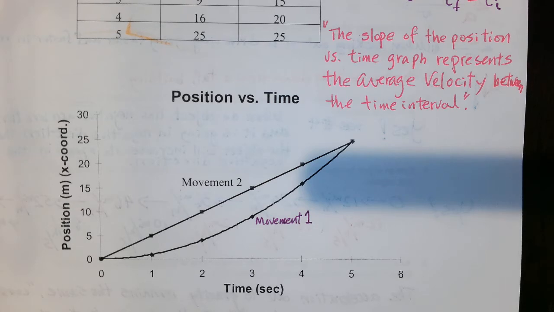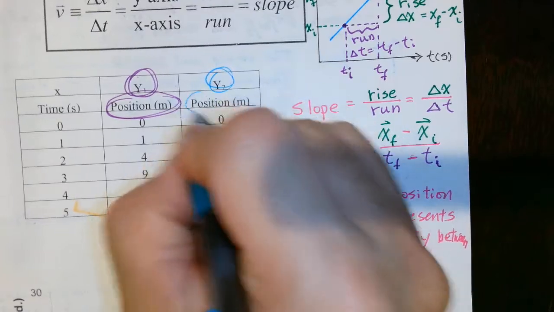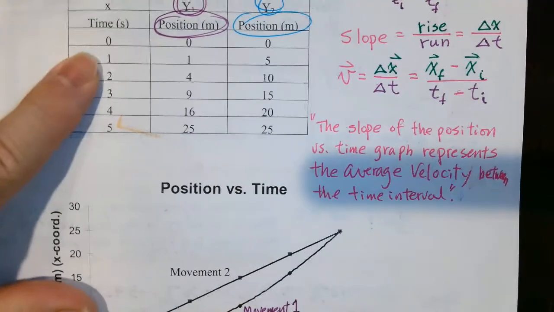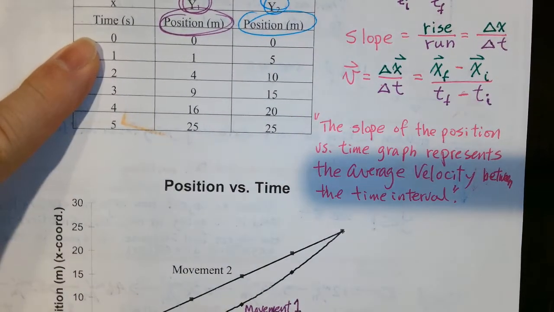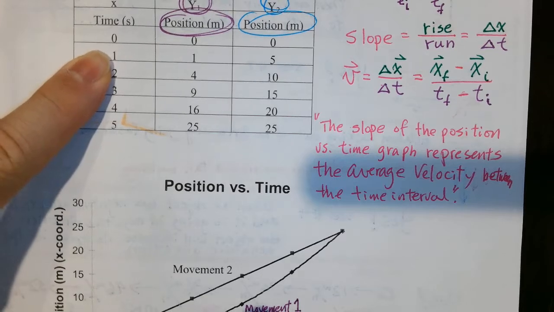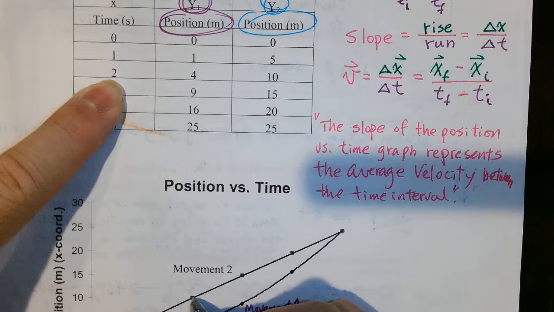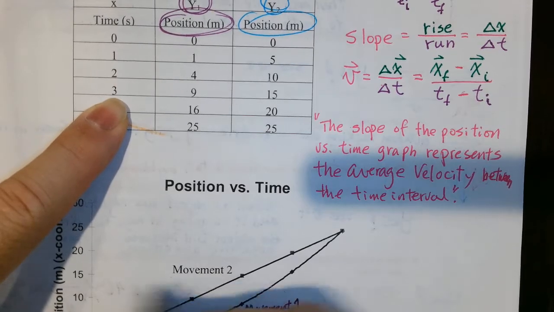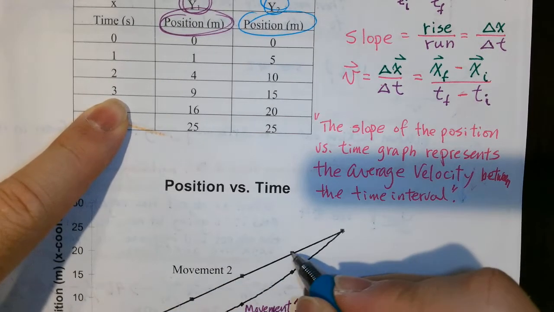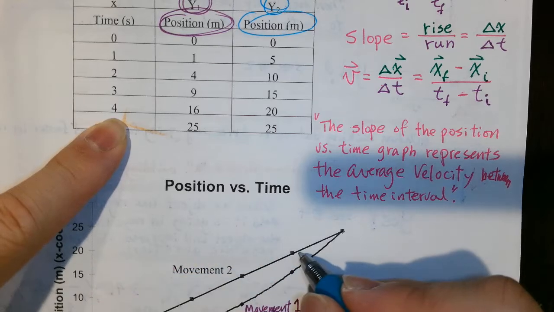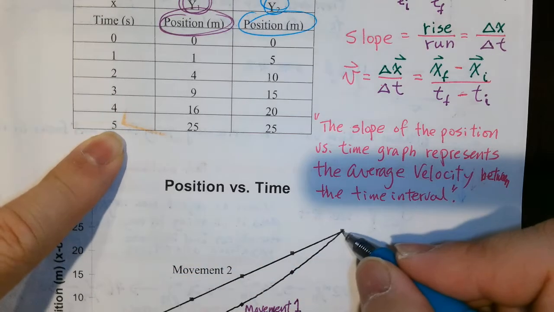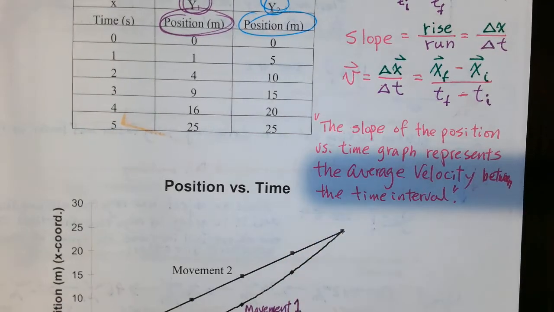Well, if you look at movement 2, at 0 seconds, my position is 0. 1 second, my position is 5. 2 seconds, my position is 10 meters. 3 seconds, 15 meters. 4 seconds, 20 meters. 5 seconds, 25 meters.